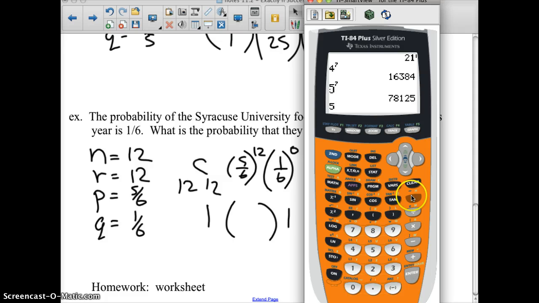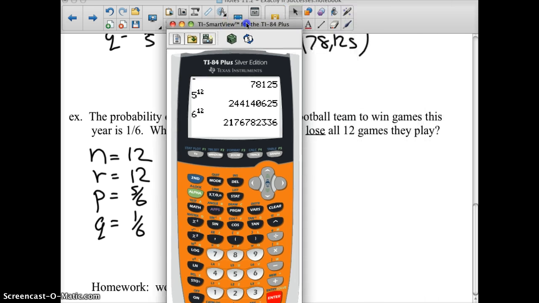Okay, so I have 5 raised to the 12th, and then I'm going to have 6 raised to the 12th. Hopefully I don't get too big a number to wind up with scientific notation. There we go, that's all right.